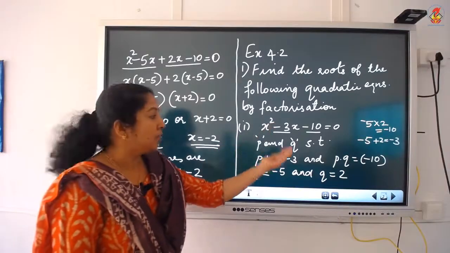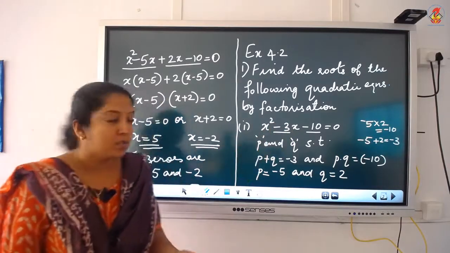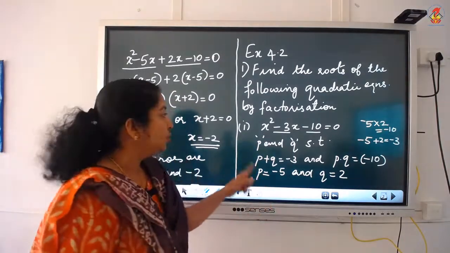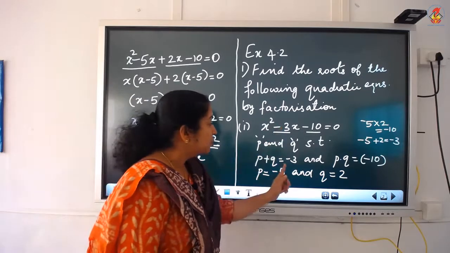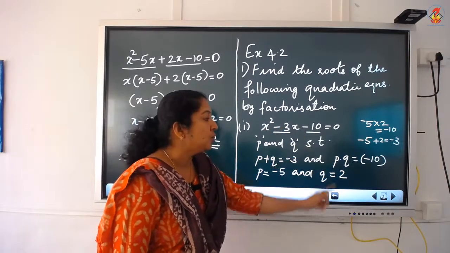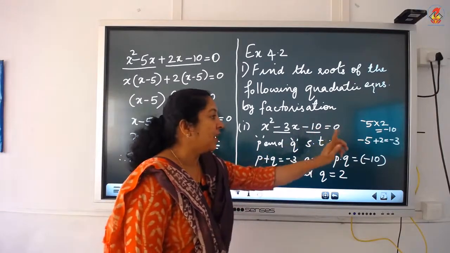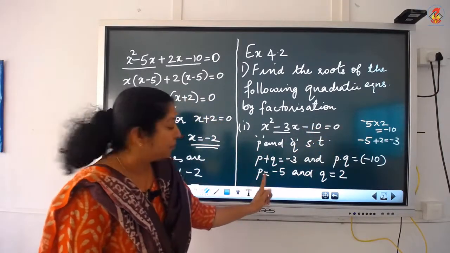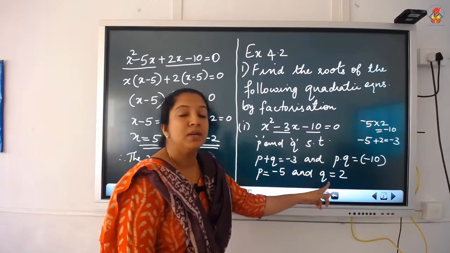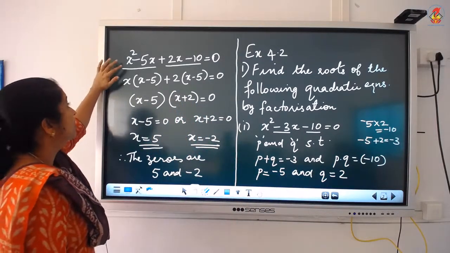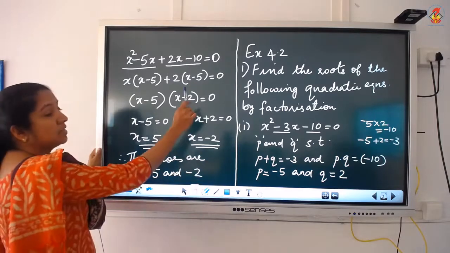x square minus 3x minus 10 is equal to 0 is the question. You have to identify two numbers p and q such that p plus q is equal to minus 3 and p into q is equal to minus 10. So here minus 5 and 2. So we can take p as minus 5 and q as 2. Then we split like this: x square minus 5x plus 2x minus 10 equal to 0.